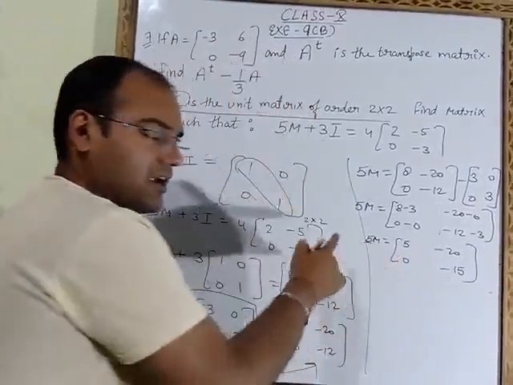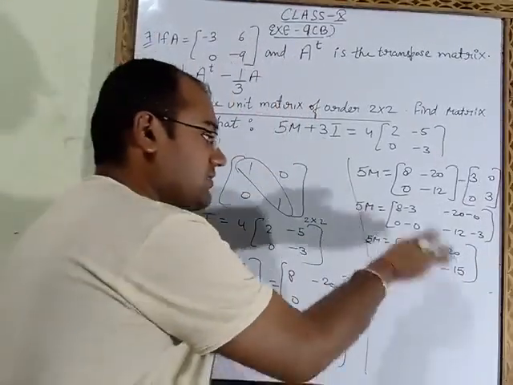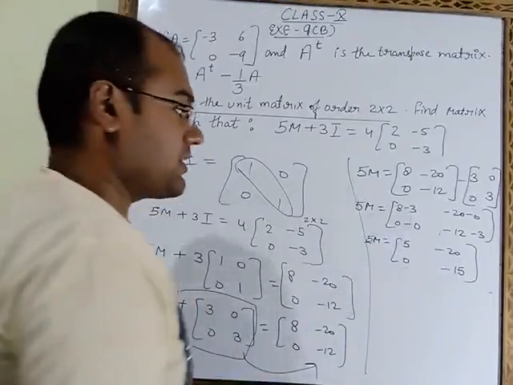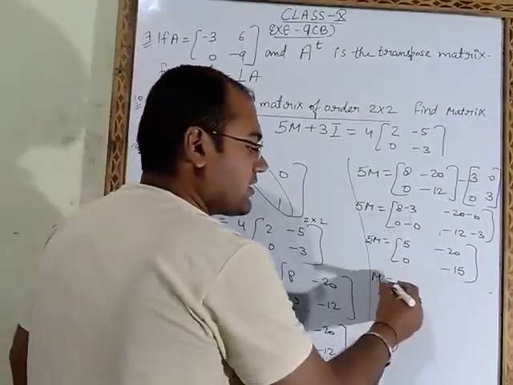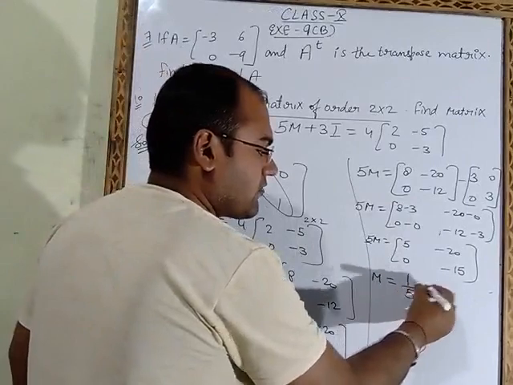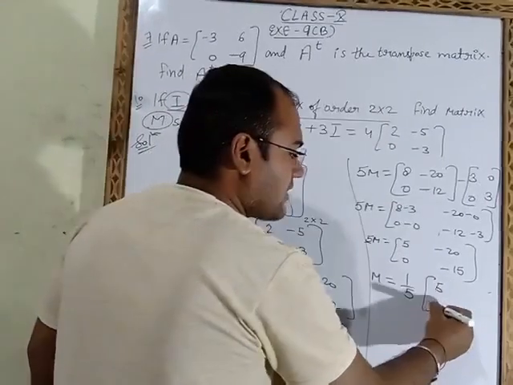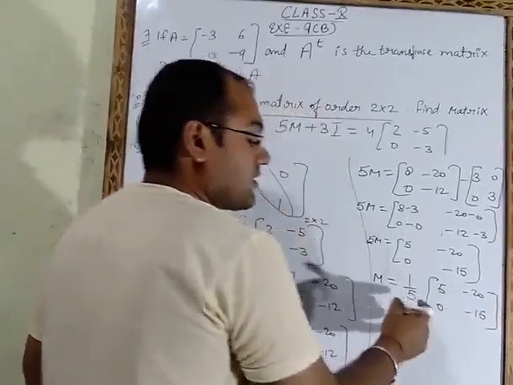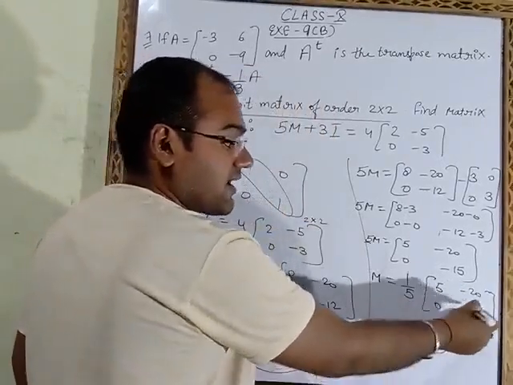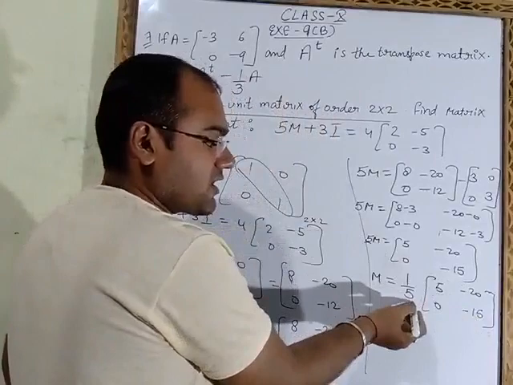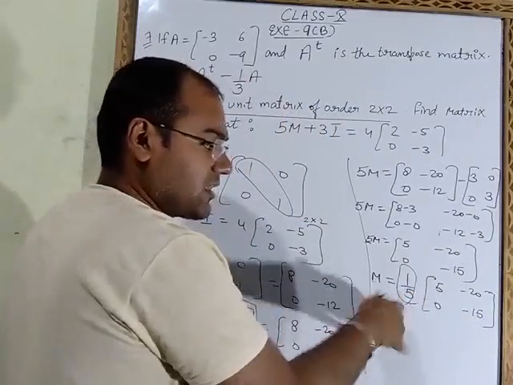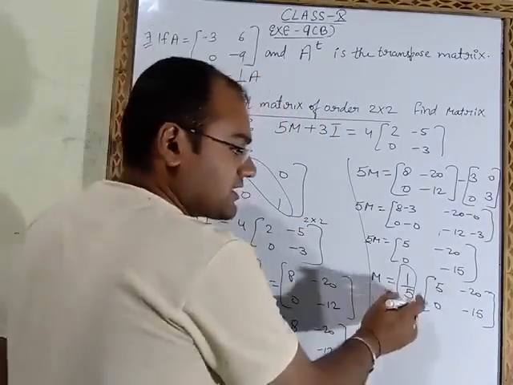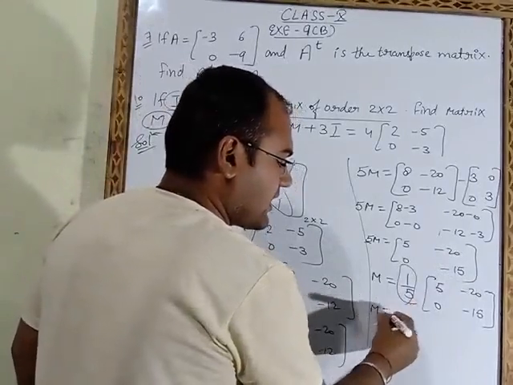Now this 5 is in multiplication here. When we bring this 5 on the right side, this will come in division. So how you have to write? You have to write like this, 1 upon 5, then after that the matrix 5, 0, minus 20, minus 15. Don't divide it directly. First of all, this 5 we have to write here as I had written like this. Then after that we will multiply this 1 upon 5 inside with every element.